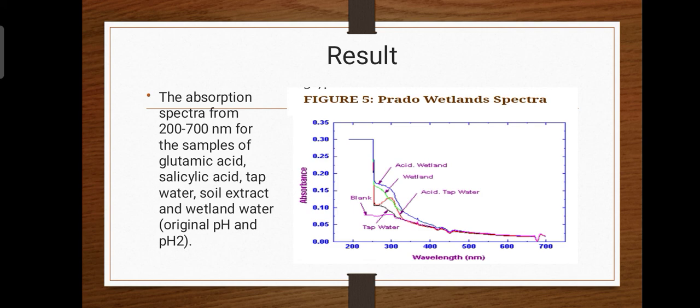So the acidic wetland, from 200 to 700 nanometers, has an estimated absorption of 0.17.